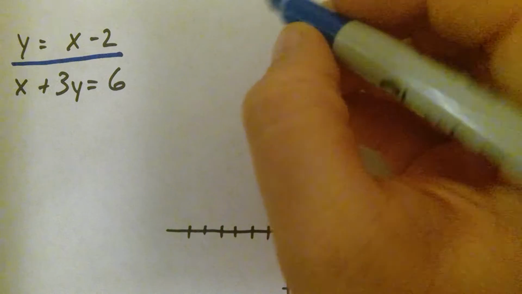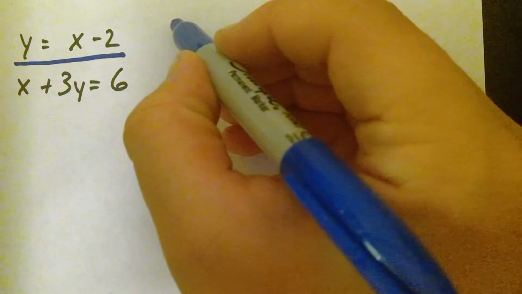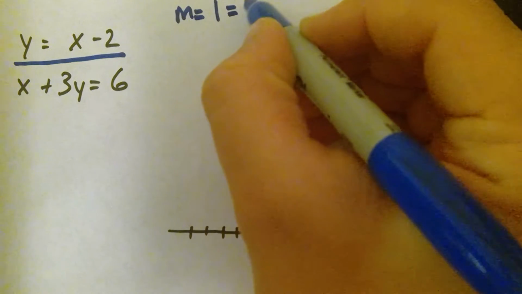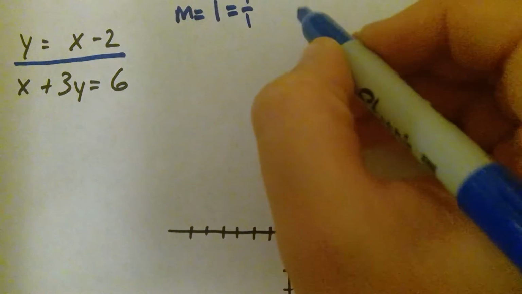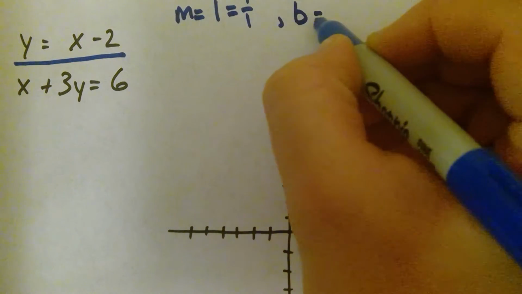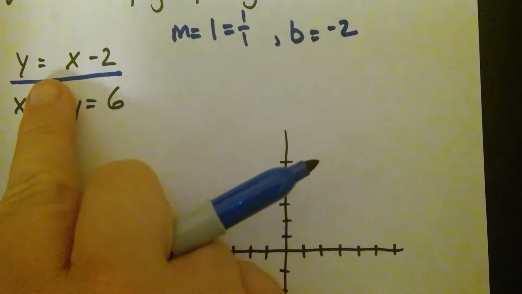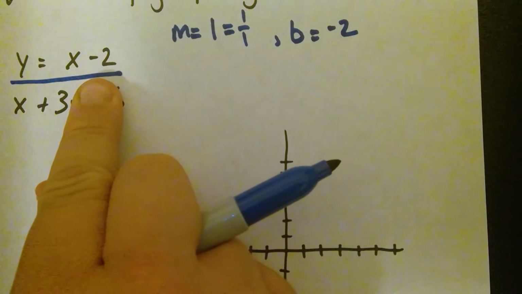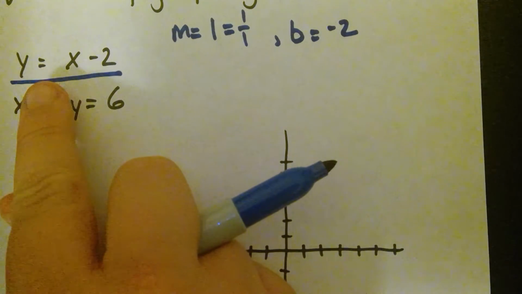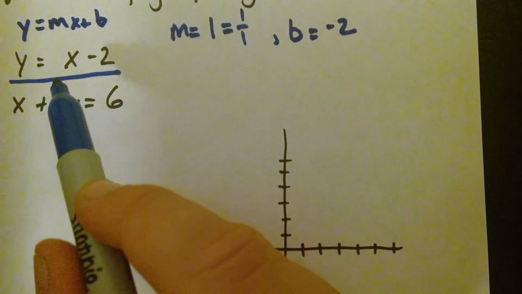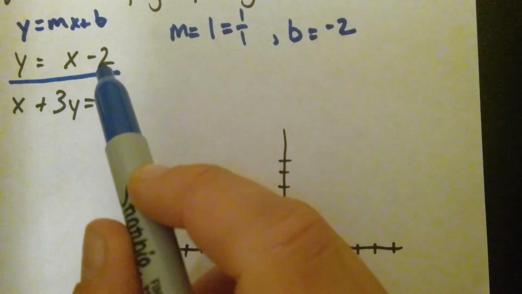If I'm pulling my slope out of here, we have m equals 1. I like to put it as a fraction, 1 over 1. And then b equals -2. m is the number in front of x, and b is the number by itself, since we are in the y equals mx plus b format. m is in front of x, which is 1, plus b is the -2.